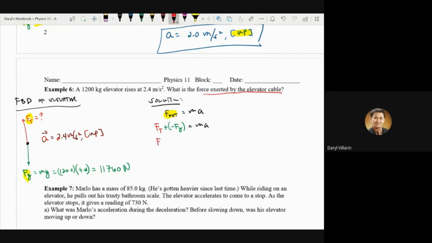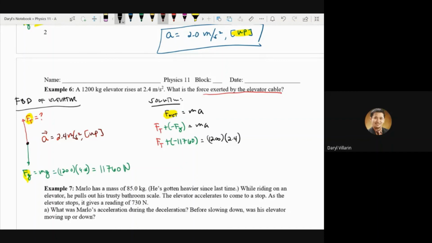Ft is the unknown, so I don't know that one, but this is plus the negative of 11,760, and that is equivalent to the mass of 1,200 times 2.4.